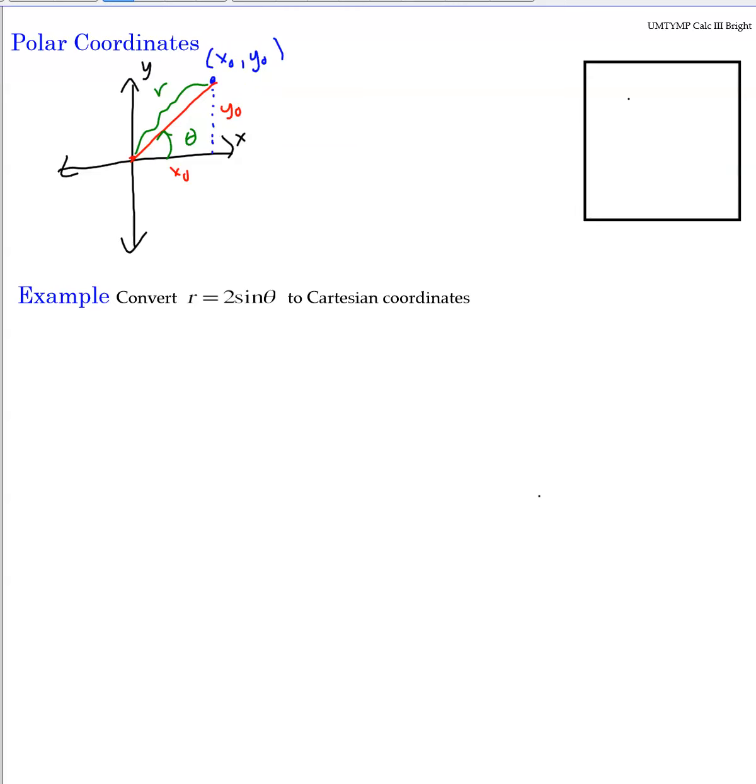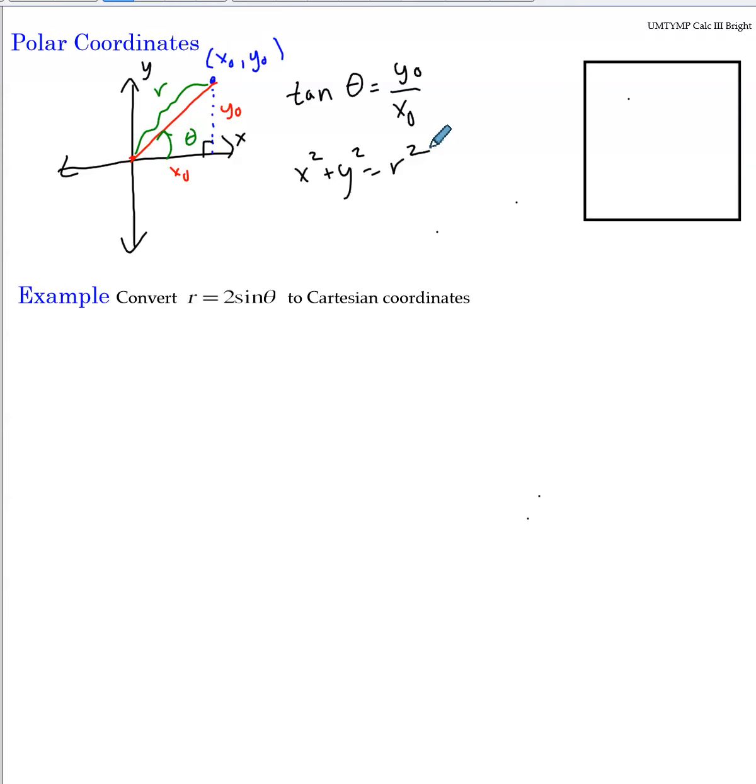So in this diagram, we would say that tangent of theta is equal to y naught over x naught, or just drop the subscripts of zeros and you're fine: y over x. And then similarly to find r, if we know that this is a right triangle, we can say x squared plus y squared is equal to r squared. And then just square root both sides, you're good.